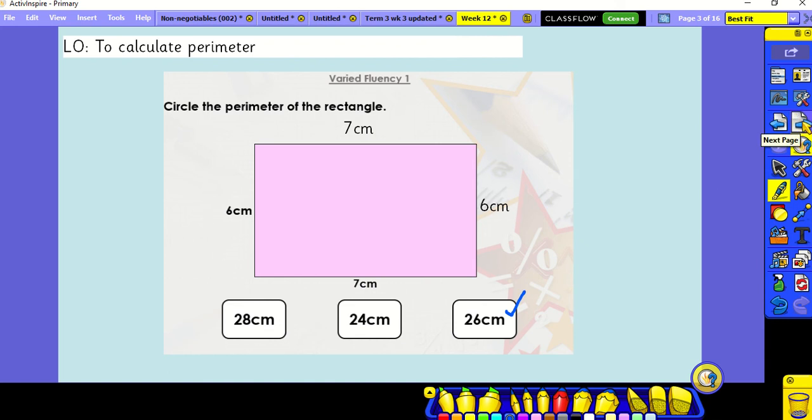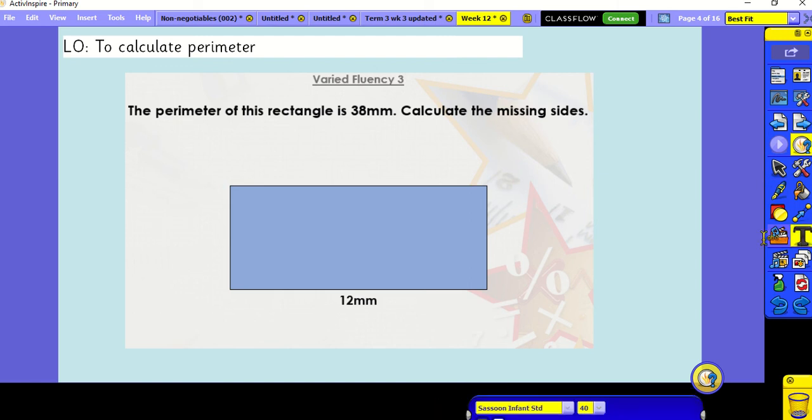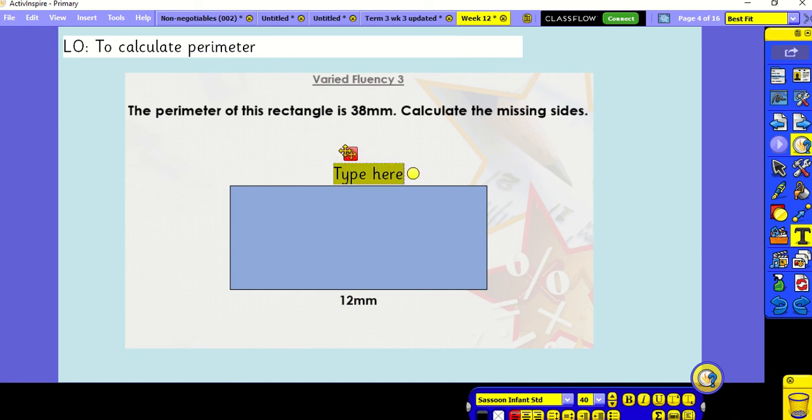Problem number 2. The perimeter of this rectangle is 38 millimetres. Calculate the missing sides. So, I know this side is 12 millimetres, so this side must be 12 millimetres. Easy, okay? But now we need to work out what these sides are. Well, to do that, I need to know that the total perimeter is 38.